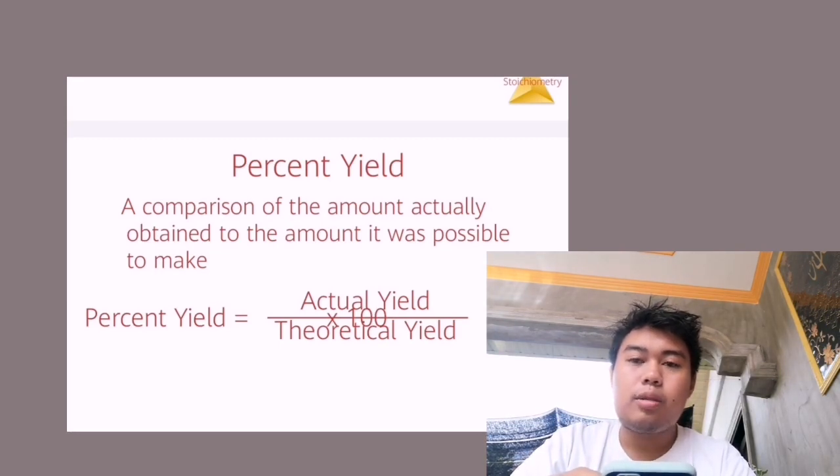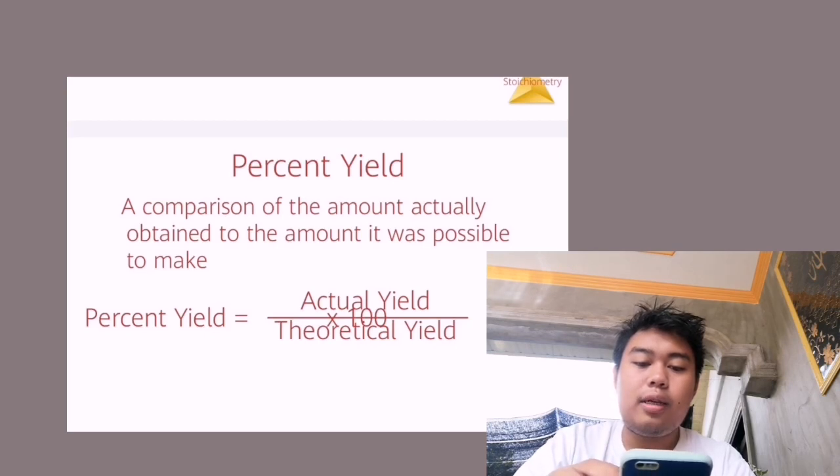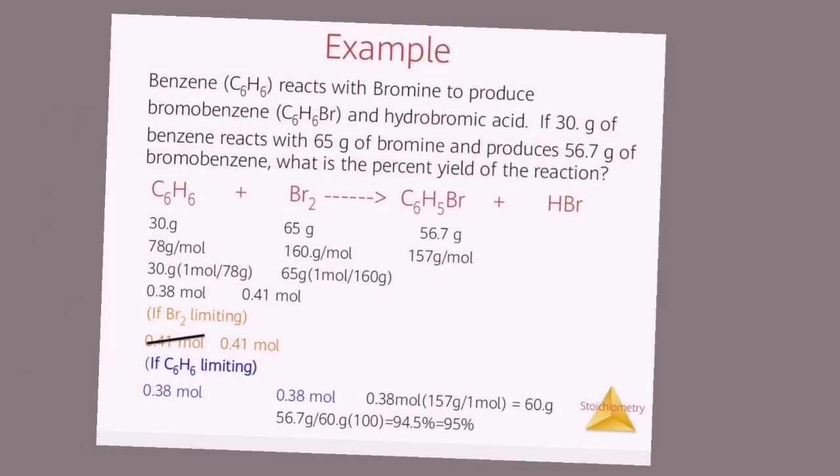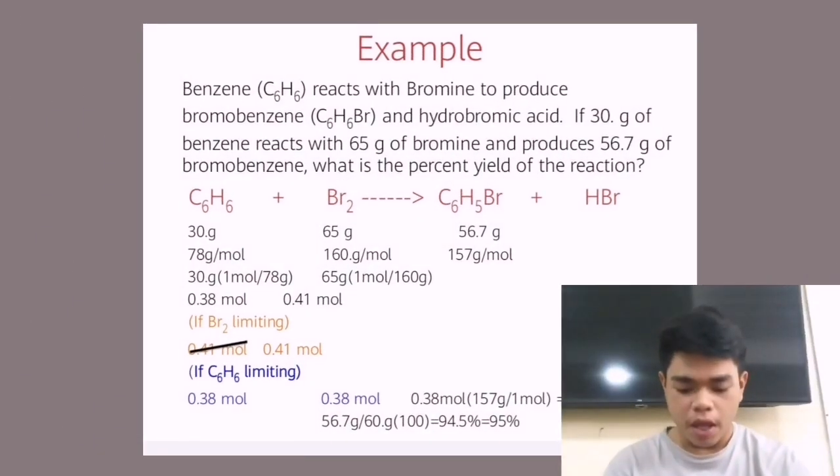Percent yield: a comparison of the amount actually obtained to the amount possible to make. Percent yield equals actual yield divided by theoretical yield times 100.